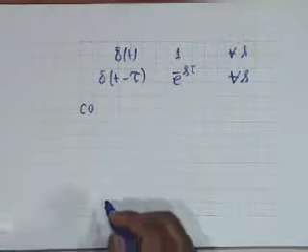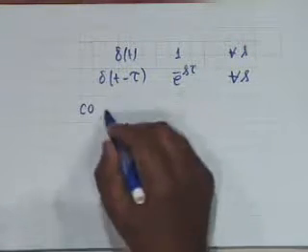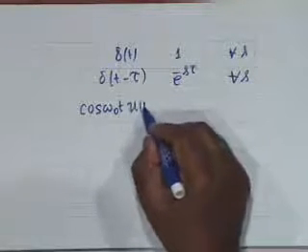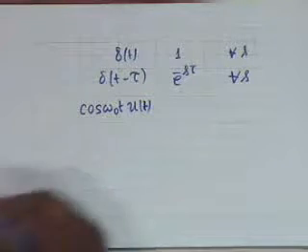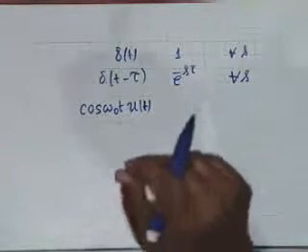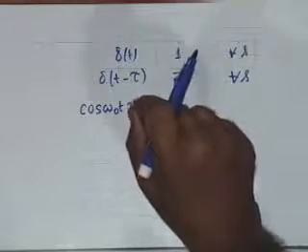The 2 or 3 transforms which we did not do in the class include cosine omega 0 t u of t. Obtaining this transform requires recognizing that cosine of omega 0 t is half of e to the j omega naught t plus half e to the minus j omega naught t, and that Laplace transform is a linear operation.